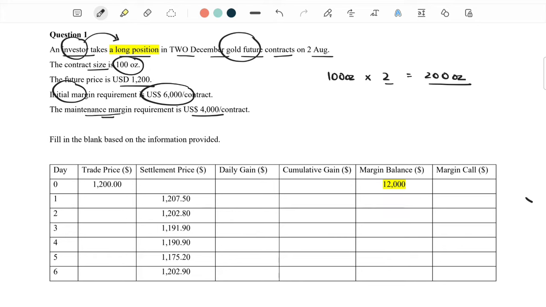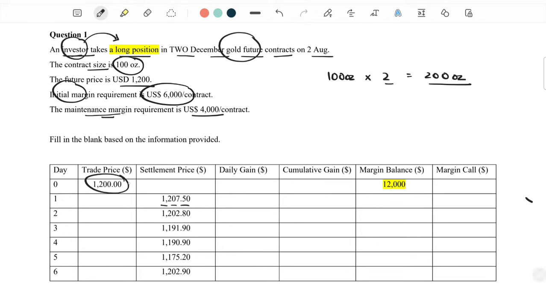Look at the question and the table here. At first you have 1,200. Now at the end of day 1, the settlement price is 1,207.5. Bear in mind that this investor is entering into a long position, so if the price is increasing, it's a benefit to them.